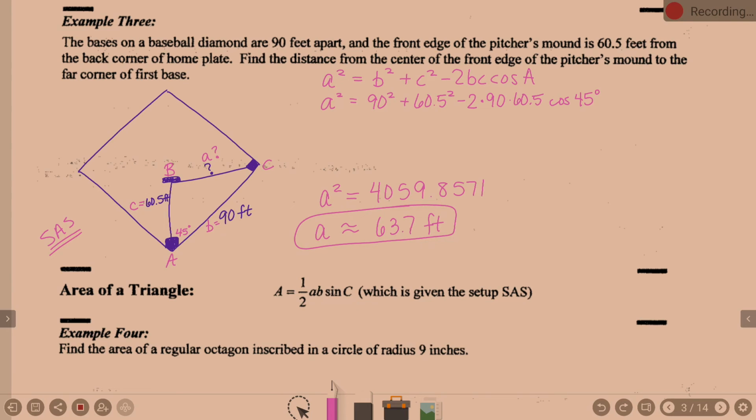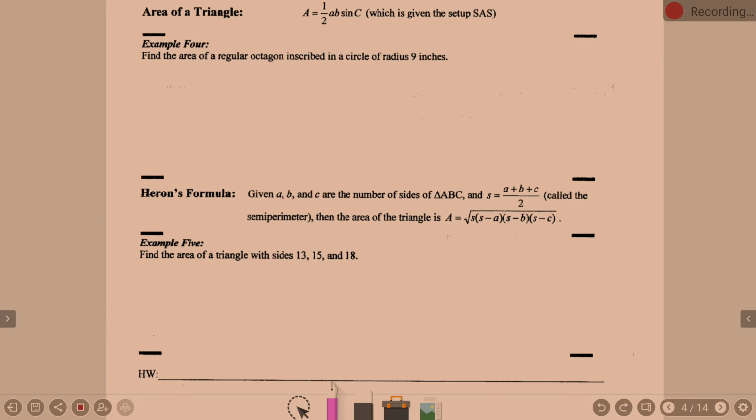Okay, we have two other formulas to get to. These are two little side formulas, pretty basic, just kind of understanding them. The first formula helps us find the area of a triangle. It's listed as area equals 1/2 times A times B times sine of C, provided you are given a side angle side.